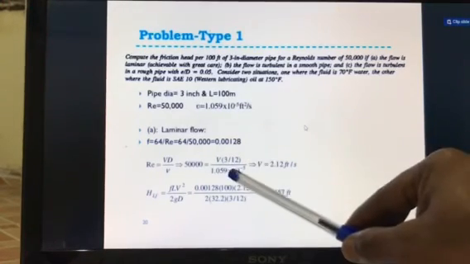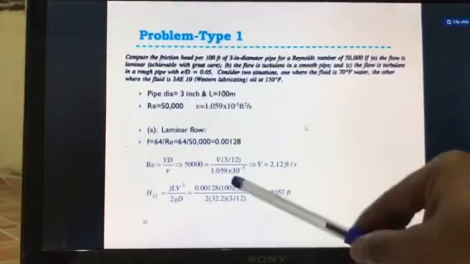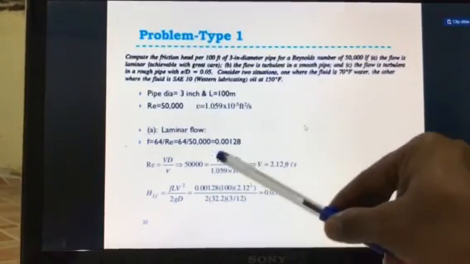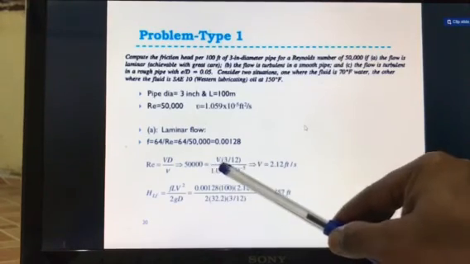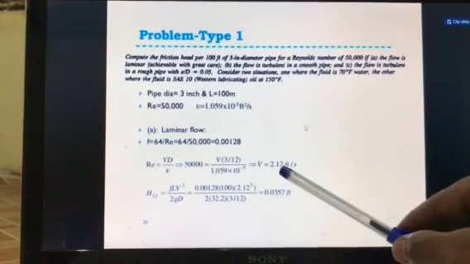All the parameters are in foot and second, so we need to convert the 3 inch diameter into foot, which is 3 by 12 foot. From this we get the velocity V as 2.12 foot per second.